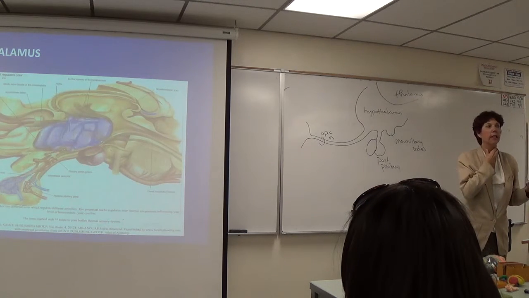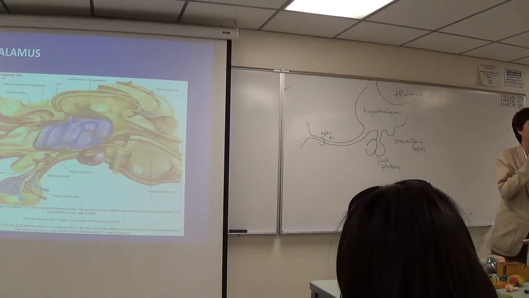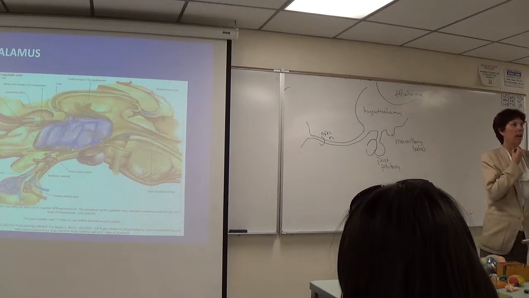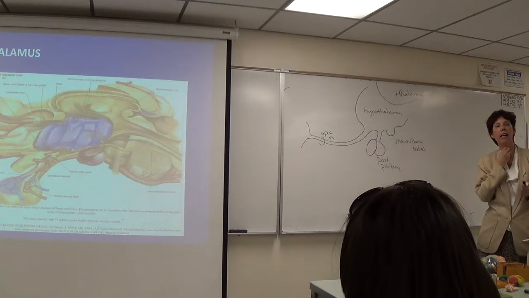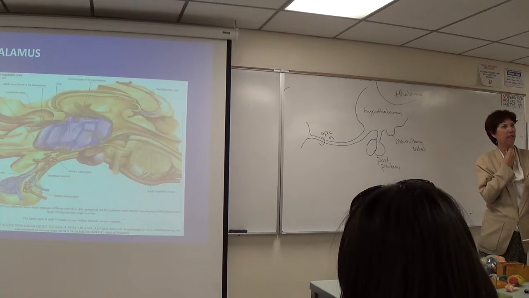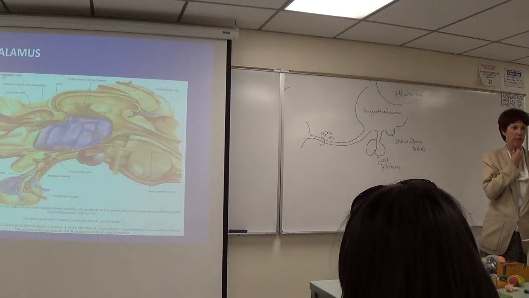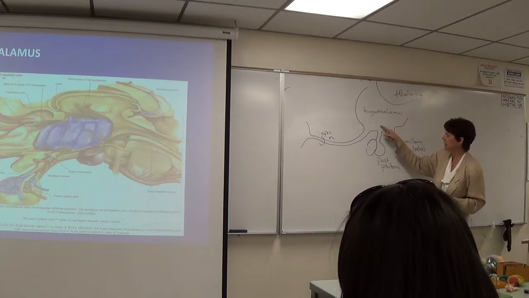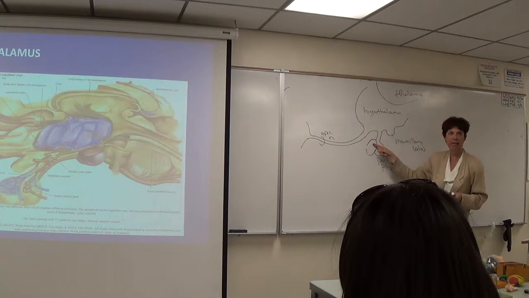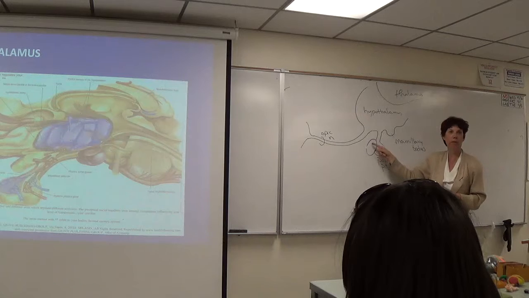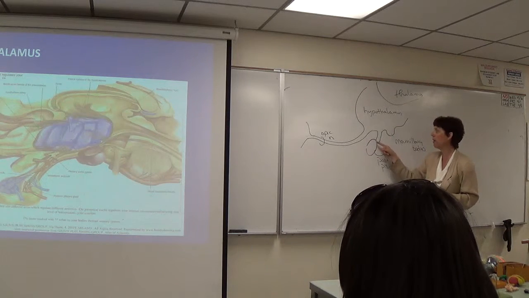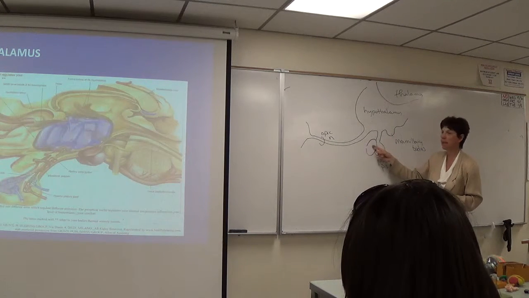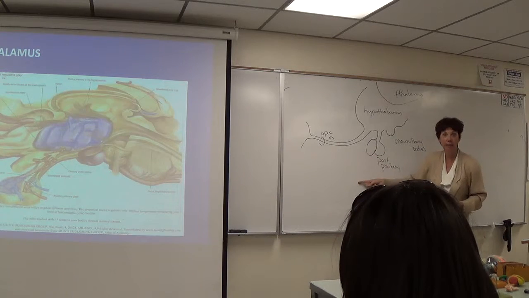Thyroid hormone. You have probably heard of the thyroid gland and the thyroid hormone. If you don't have enough iodine in your diet and you're not making enough active thyroid hormone, the hypothalamus will make thyroid releasing hormone that goes to the anterior pituitary to make it make more thyroid stimulating hormone.